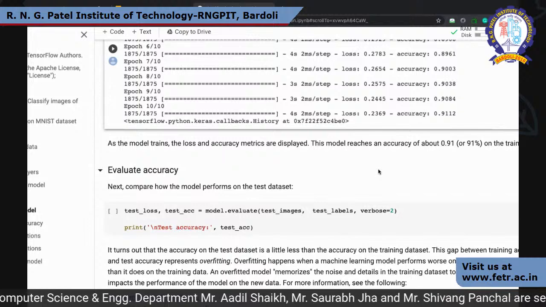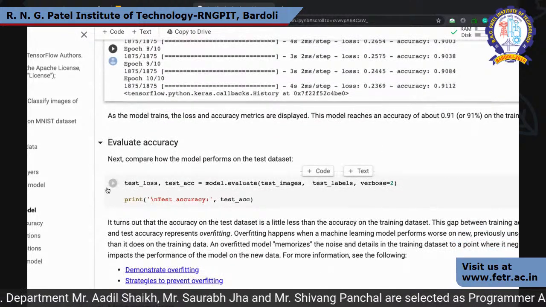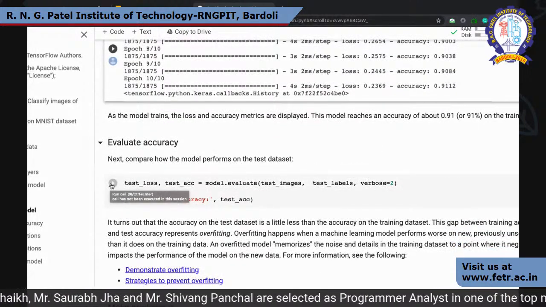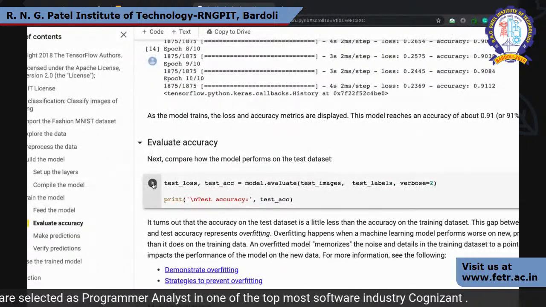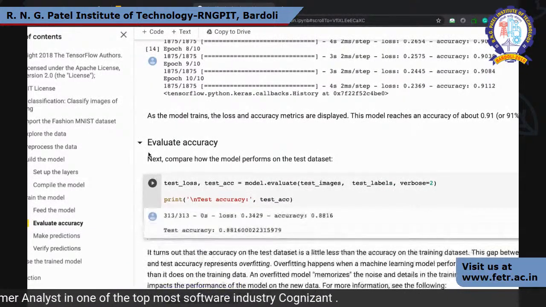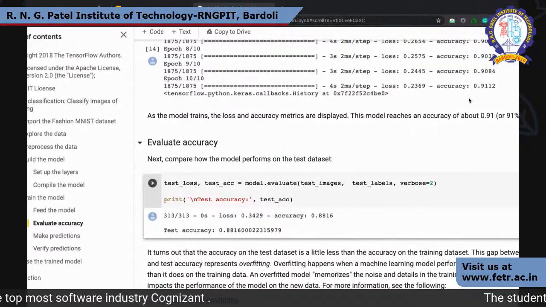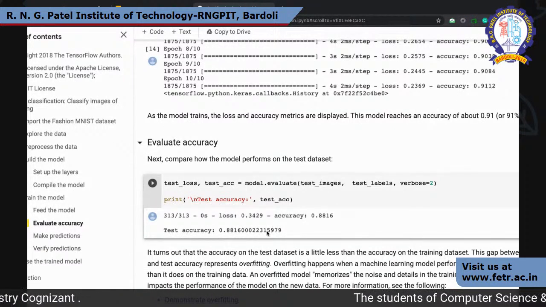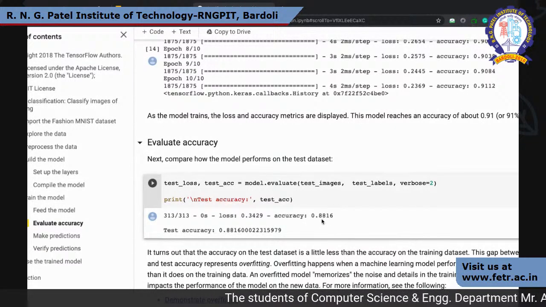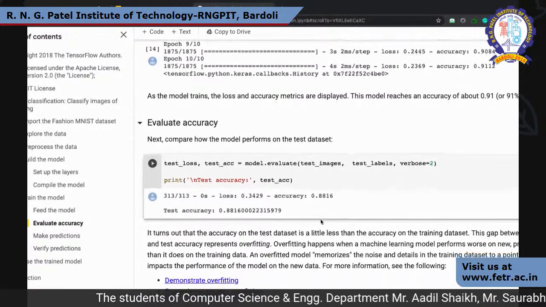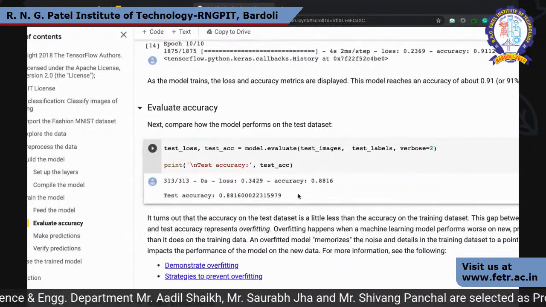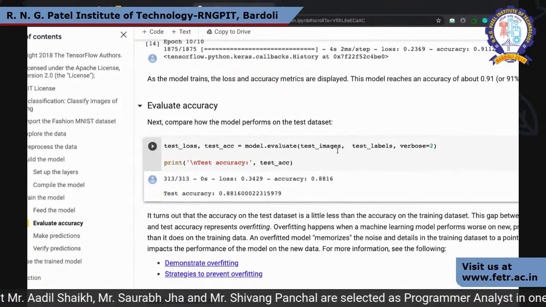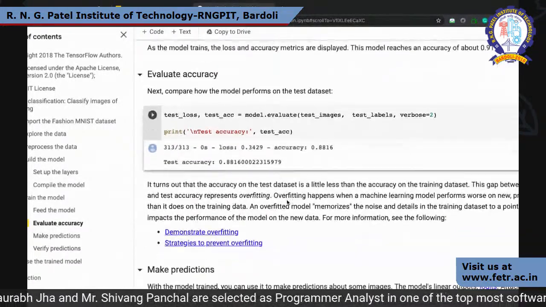We'll perform evaluation on them, or test the trained model on those images, and we can easily identify how accurate it is. So as you can see, training accuracy was 91%, but testing accuracy is 88%. So this is how we did the evaluation part, and our model is 88% accurate.